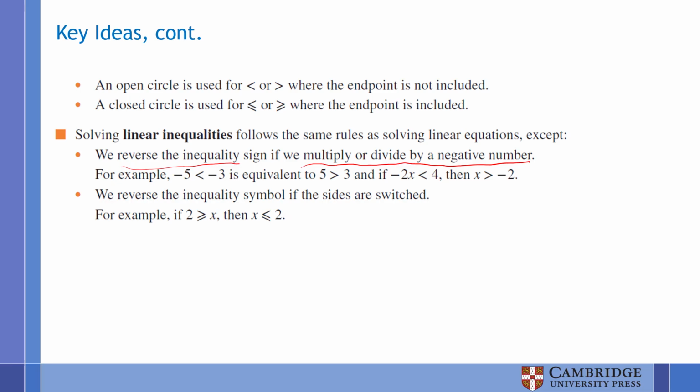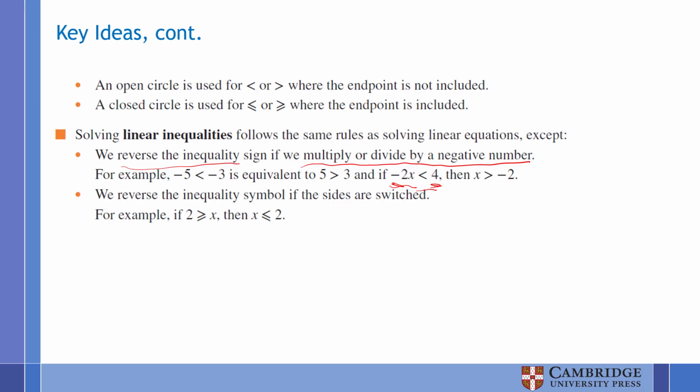Okay. If we had something like -2x is less than 4, and we want to work out what x is, well, what we need to do is divide by -2 to both sides, and flip our inequality sign. Okay, so we reverse the inequality sign if the sides are switched.